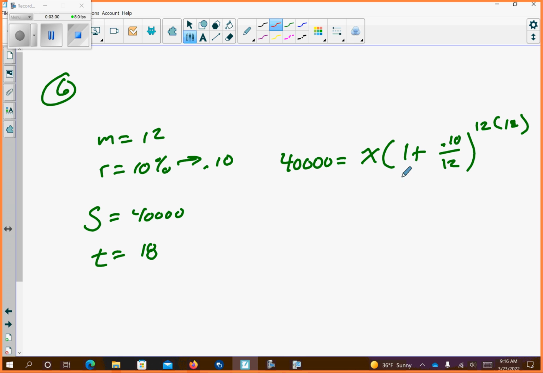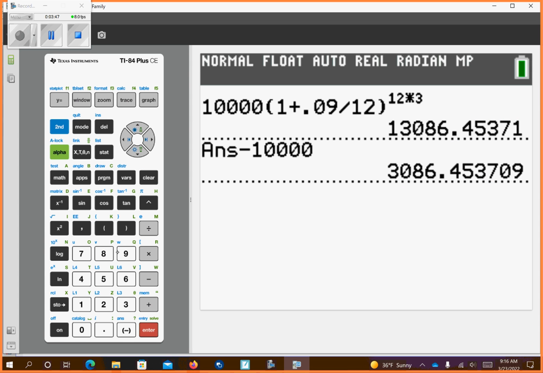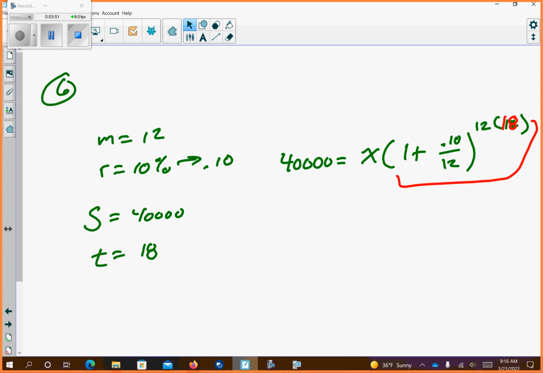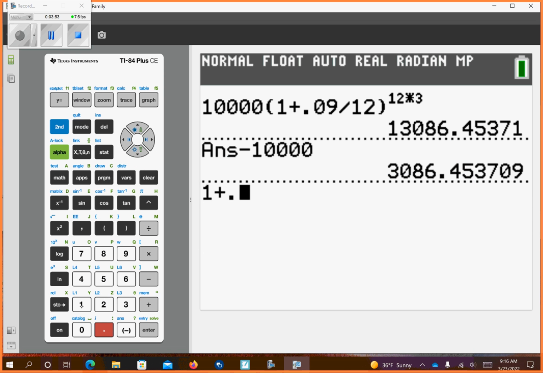The nice thing is you don't have an unknown. You can figure out what this is. Is that 18? You can go ahead and figure that out and then divide it by both sides. So I'm going to go 1 plus, oh shoot, I just forgot, 0.1 divided by 12.